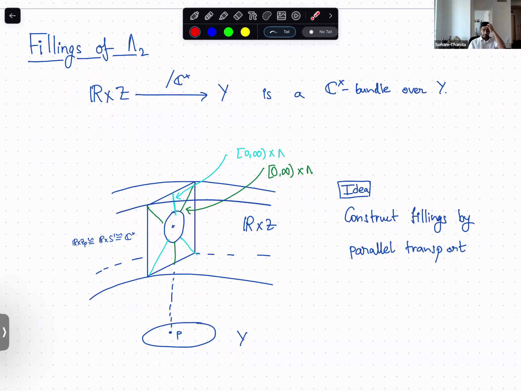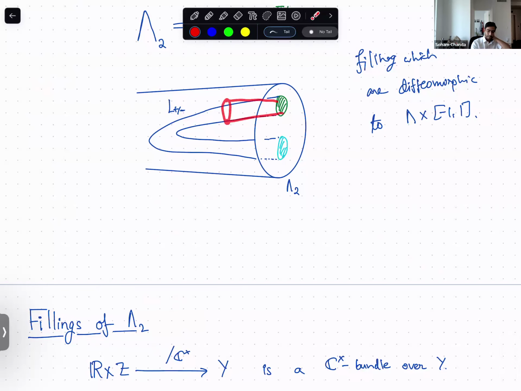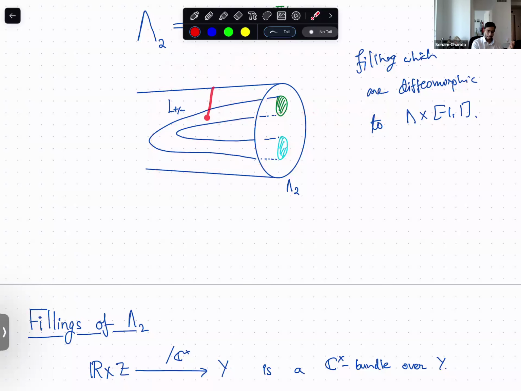Okay. How do I take fillings of this? So I want a filling such that, for simplicity, let's say the filling will be exactly equal to lambda 2 times 0 to infinity. And the only things which change are inside the minus infinity to 0 part. This is not important, but it's just to set a ground and have common language. So up to here, it's just the same.